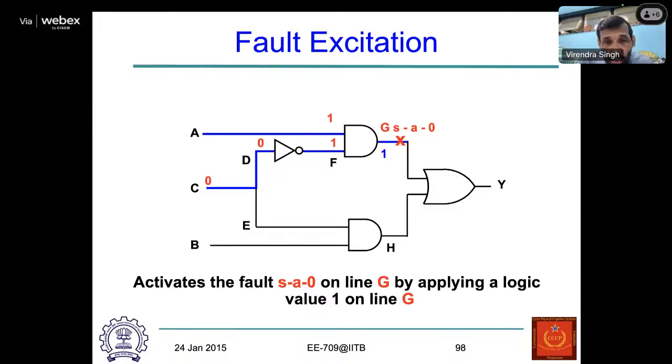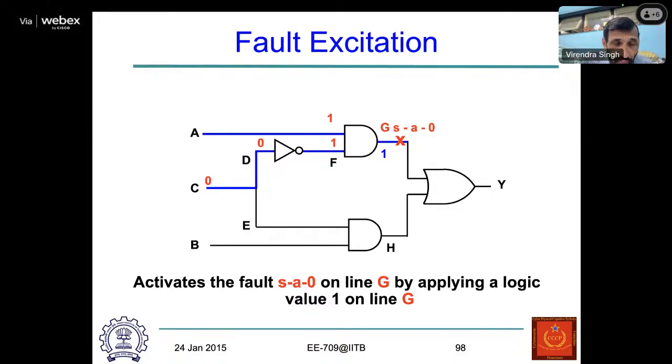In order to apply 1 at F, I can go back and see that there is an inverter sitting behind this, and if I apply 0 at the input of this inverter, it will provide output 1 at F. So that means I have to apply 0 to C.